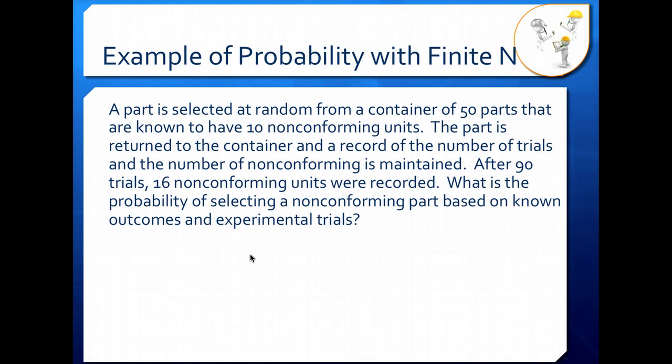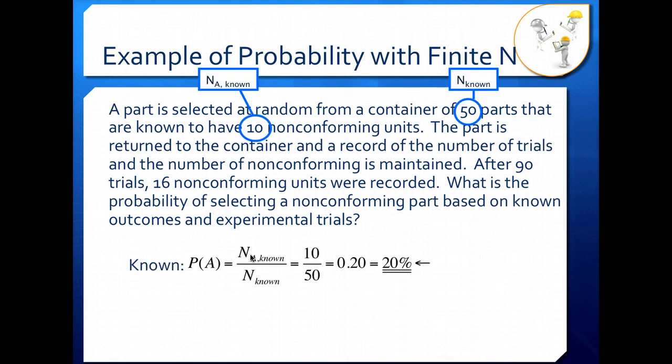These word problems are usually fairly long like this, and we have to go through and pick out which numbers are important. Let's focus on the known outcomes first. We know that there's only 50 parts in our container, so that is our total n that we know about. We know that 10 of those are non-conforming. Regardless of how many trials we do, there are only 10 parts that are non-conforming.